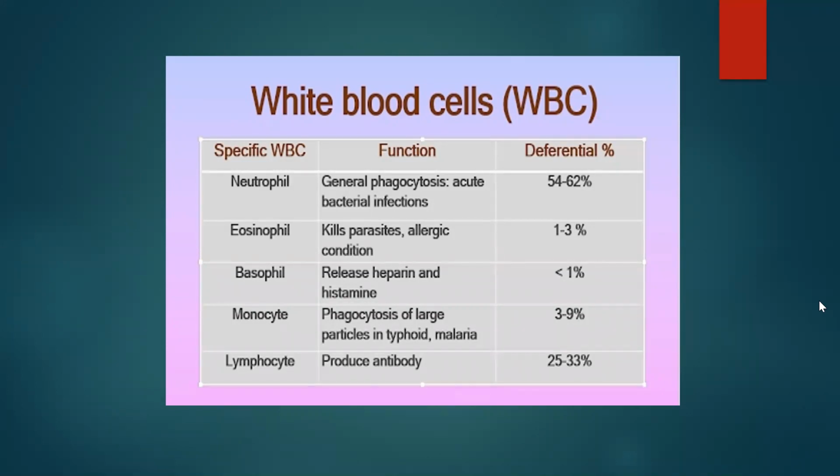Next, we have histamine. Histamine is also a chemical released from WBCs. We have different types of WBCs, like 5 types, and these 5 types are further divided into different subcategories, so we'll not go into detail.